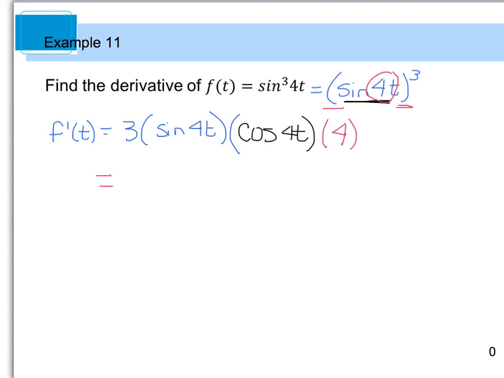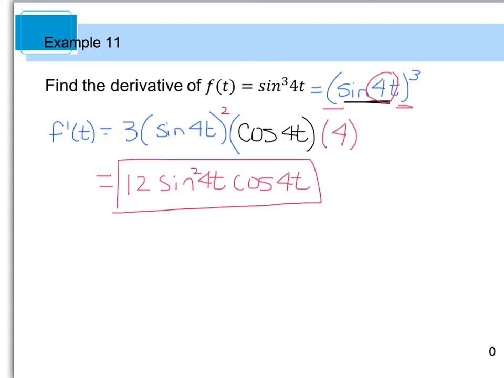So now when I simplify this, we're left with 12 times the sine of 4t times the cosine of 4t. And I apologize, when I brought my 3 down right here, I should have also squared that up here. So these are really sine squared of 4t. So again, I'm sorry. So this right here is our final answer.